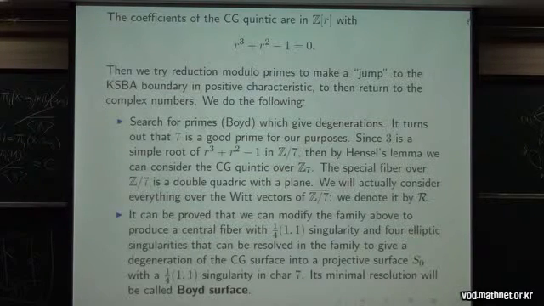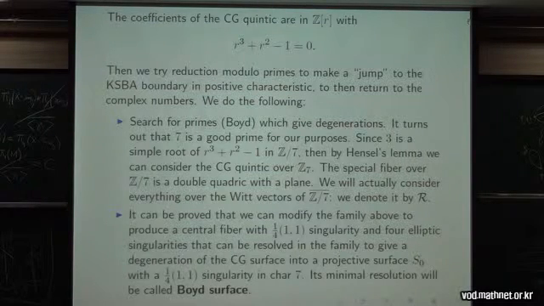So a situation like this, in characteristic 7. And this is a double quartic and a plane. But this is too bad for us.